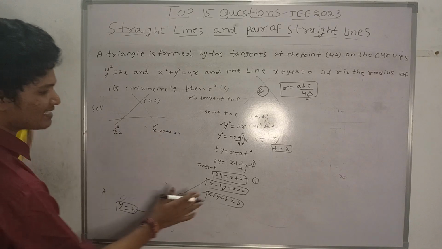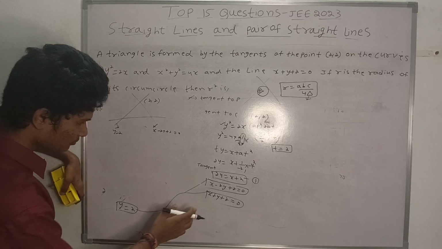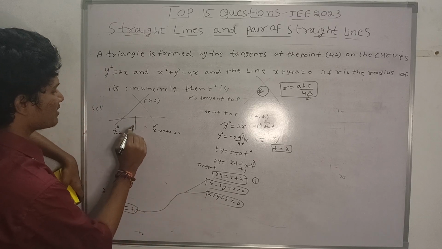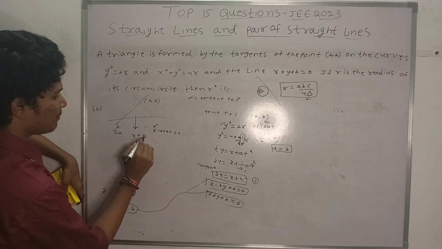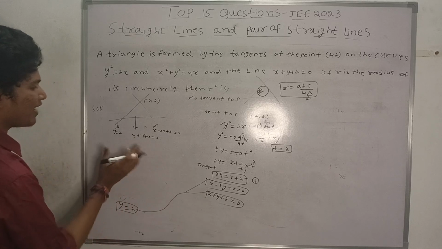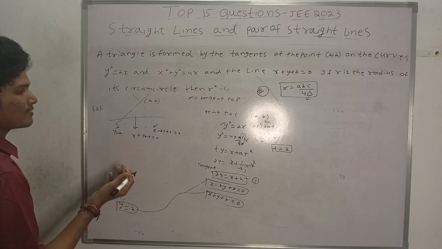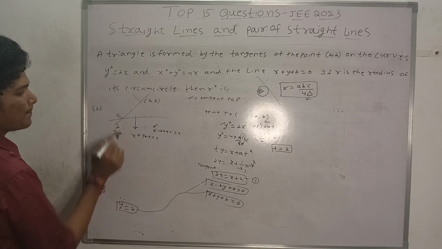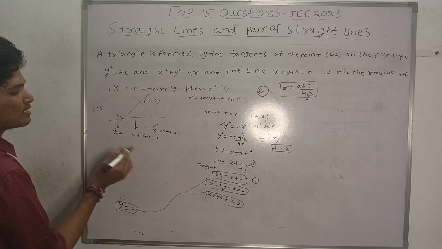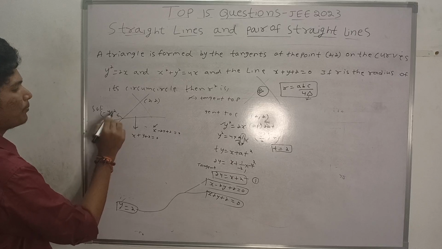And now we have to find the intersection with x + y + 2 = 0. So I have to find the intersection with y = 2 here. When I substitute y = 2, what is the value of x? The x value is -4, that is (-4, 2) here.